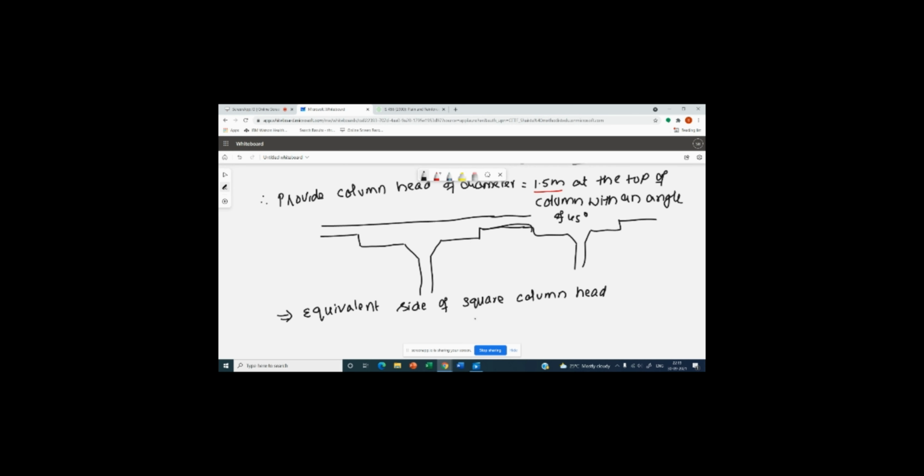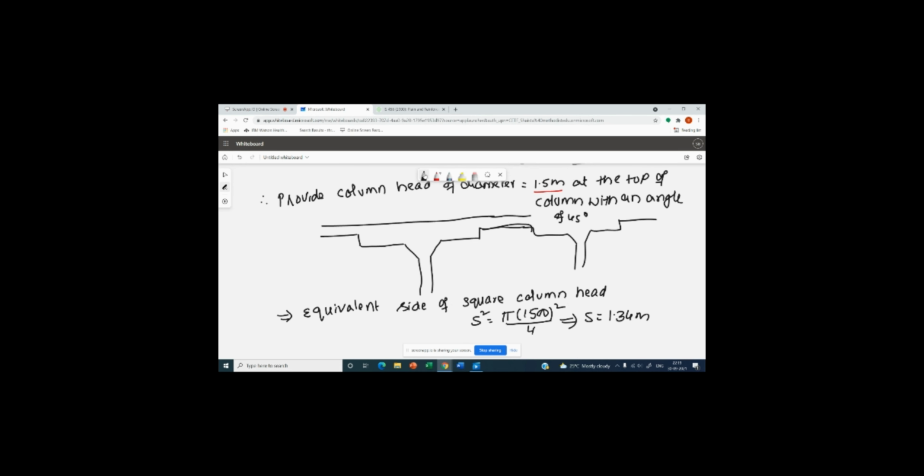The same formula as you have seen: a squared equals pi by 4 into 1500 squared, in mm. This is the area of the circular column, and this is the area of the square column. When you solve it, you will get the equivalent side of the square column, that is 1.34 meters.